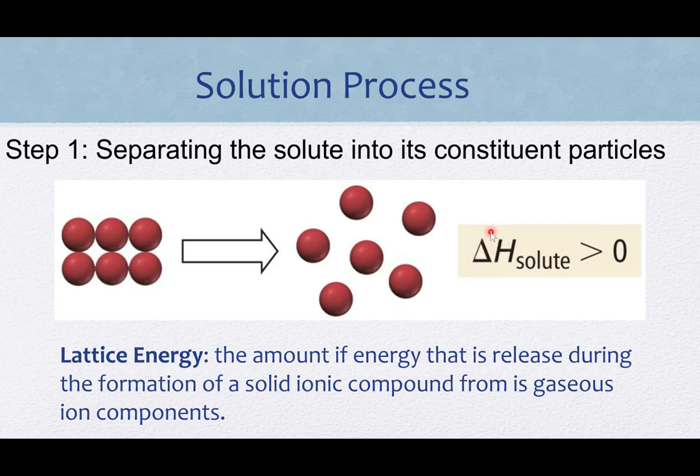So this delta H, remember, is just how is the energy changing. So the process of pulling these solute particles away, the enthalpy change or the energy change is going to be greater than 0. It's going to cost us some money for this to happen. We're going to have to put energy into the system in order to pull those particles apart.